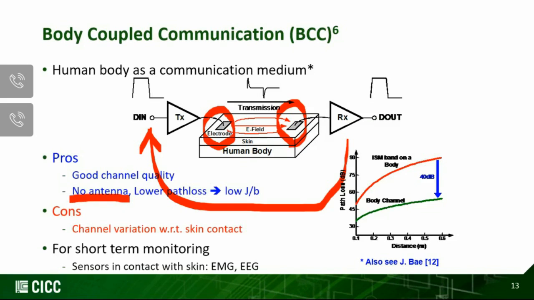Combined with the lower path loss, the joule per bit, the energy efficiency, will be very, very good. On the other hand, the shortcoming is that we have to deal with the channel variation with respect to skin contact, posture, and all sorts of environmental changes. So this type of BCC can be suitable for sensors in contact with the skin in the first place, such as EMG and EEG, which becomes a very suitable option.